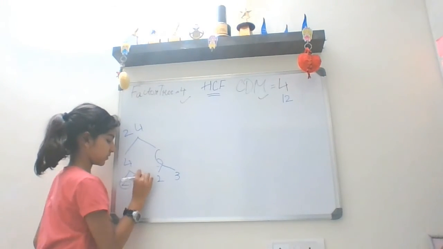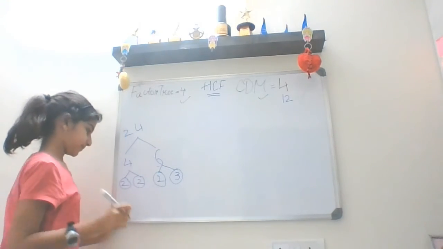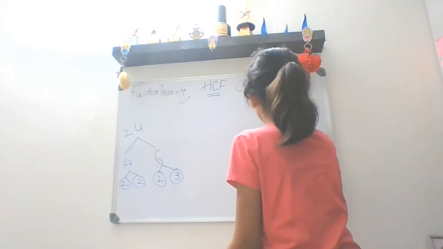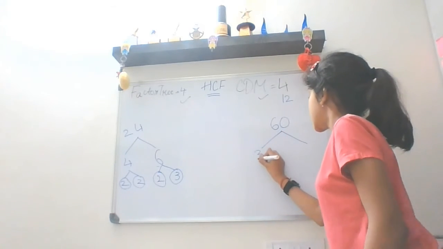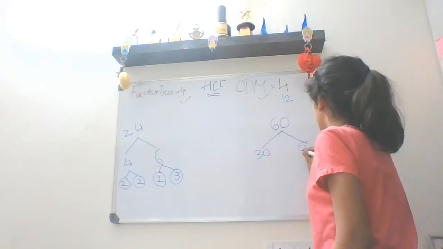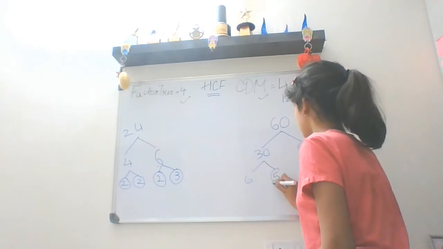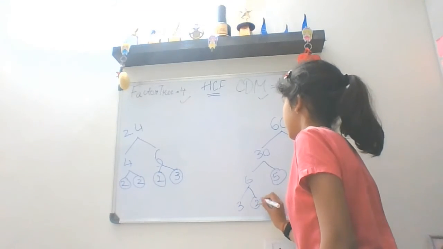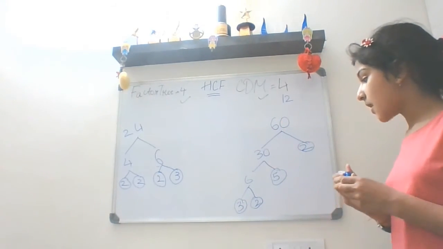So circle them. So these are the prime numbers. And for the next number, that is 60. Let's do it. 30 into 2, 2 is prime. 6 into 5, 5 is prime. 3 into 2, that is 6. So we've got our prime numbers.